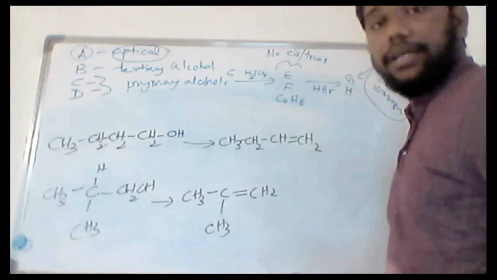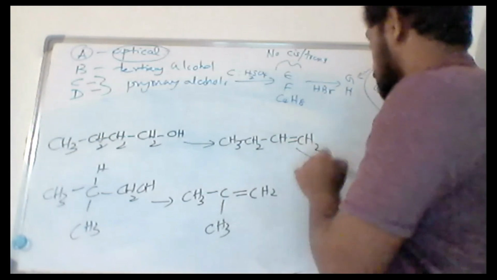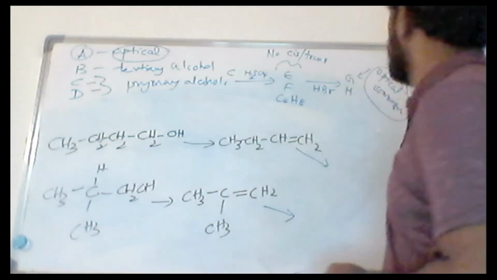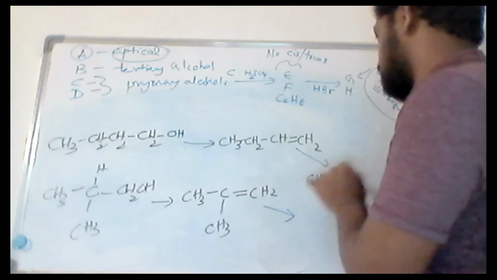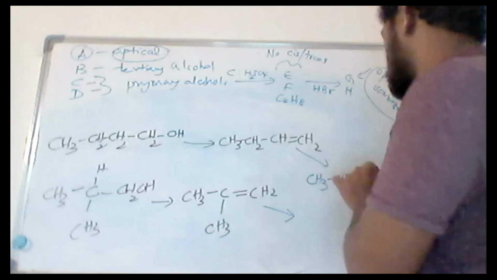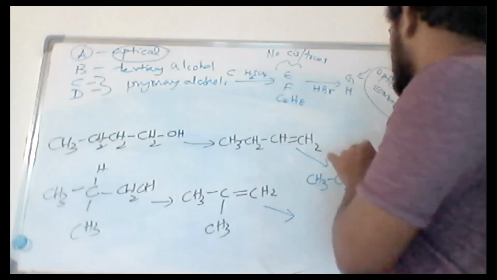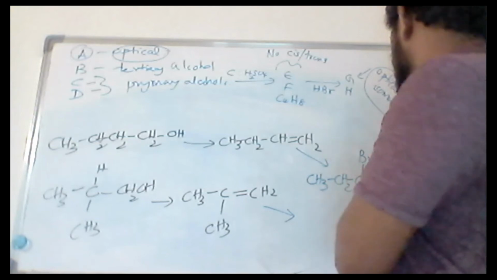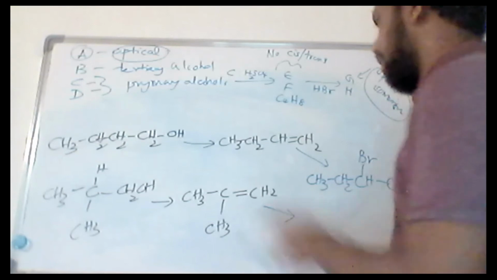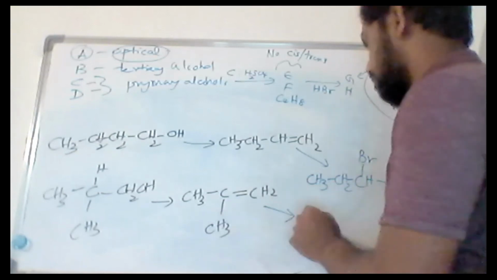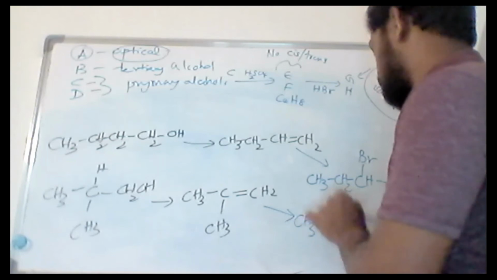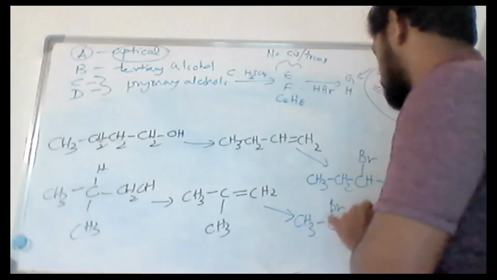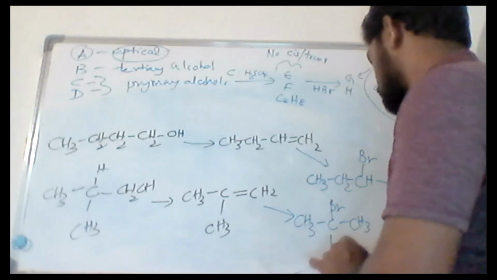And then when you add HBr, this will become CH3, CH2, and there will be Br here, and there will be CH3 here. And when you add HBr here, this will be CH3, and Br here, CH3, and CH3.